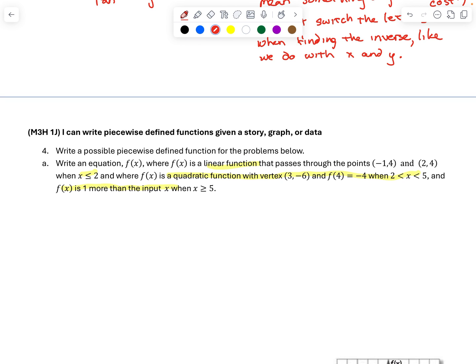Ha ha ha. Okay, so for x less than or equal to 2, we have negative 2 comma 4. Oh, look at that. It's linear, so we can find the slope. And the slope is, by George, 0. So this is a constant function.